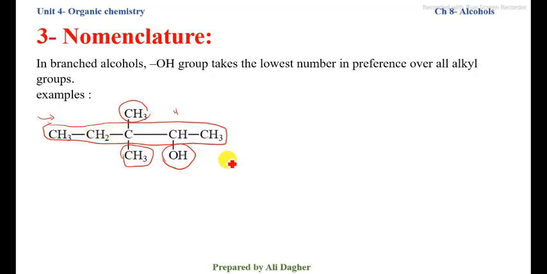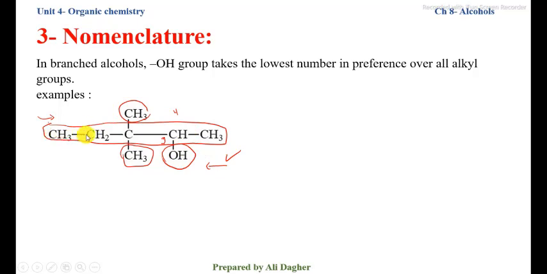But if we count from this direction, the carbon holding OH, its number is 2. Then this direction gives the lowest number for OH, then this is the correct direction.